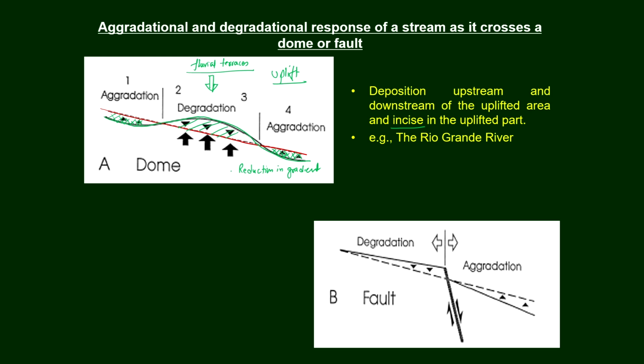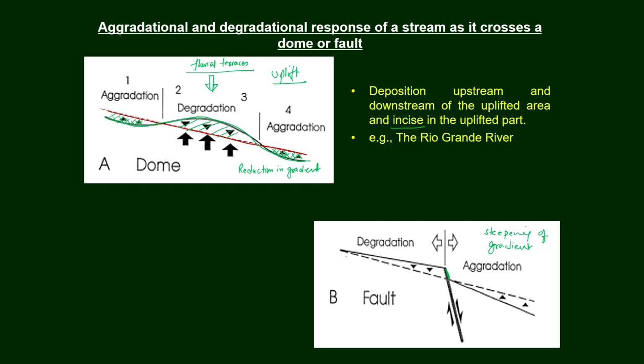Reduction is related to your uplift, so reduction here will degrade this area. Now, in this case, what we are having is steepening of valley slope or gradient. So, this portion has resulted into the subsidence actually.